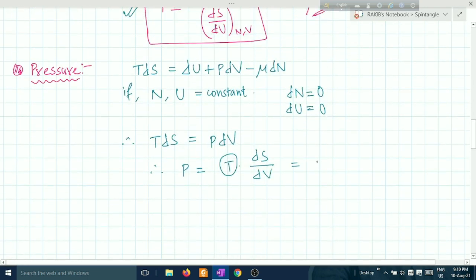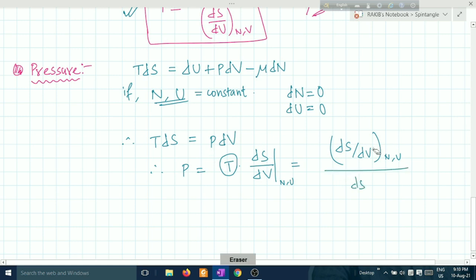What you can write here is n comma u, because by taking n and u constant you have got this. Therefore it becomes ds by dv at n comma u, upon the value of T, which is 1 upon ds by du at n comma v.